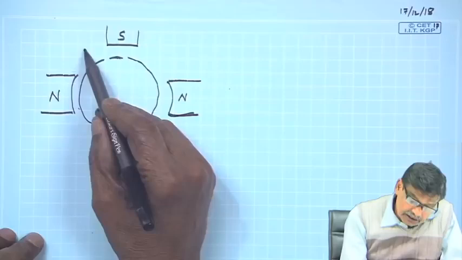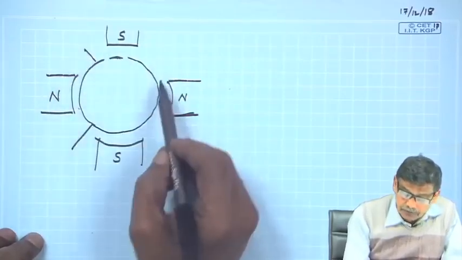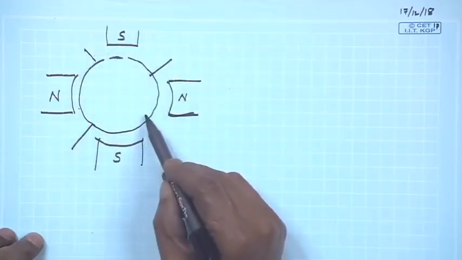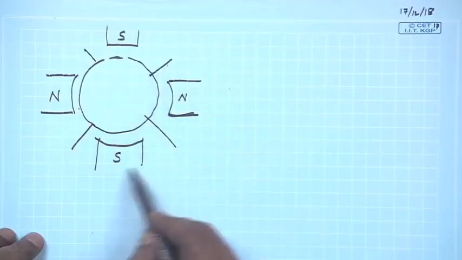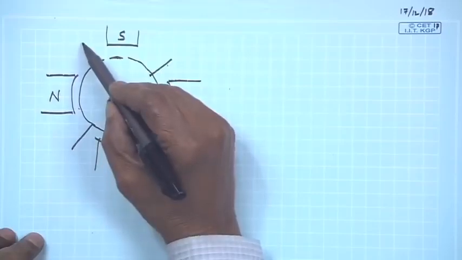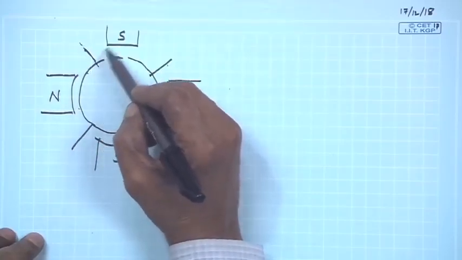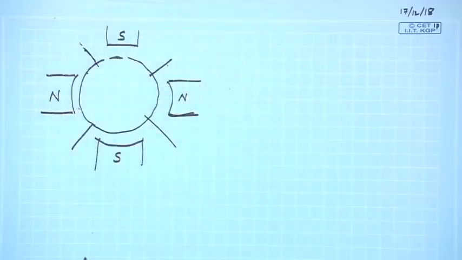Therefore, one quarter of this will be under the influence of the north pole, the next quarter under the south pole, the next under the north pole, and this last one under the influence of the south pole. These lines are the neutral positions where the north to south transition takes place. Here the flux density, the fundamental component, will be 0.